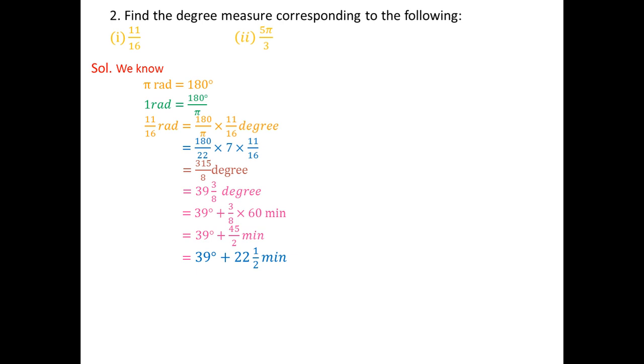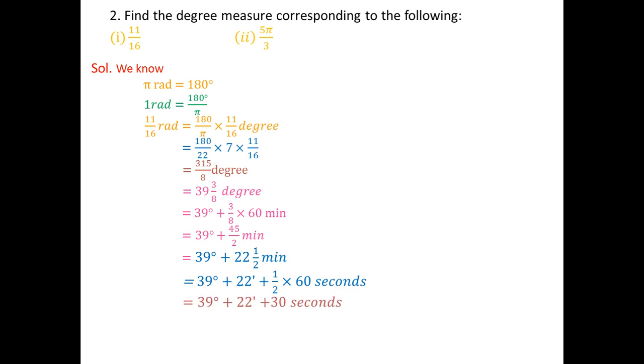Now we have to convert 1 by 2 minute into seconds. So we can write it as 39 degree plus 22 minutes plus 1 by 2 into 60 seconds. Again same concept. 1 minute is equal to 60 seconds and half minute is equal to half into 60 seconds, which turns out to be 30 seconds.